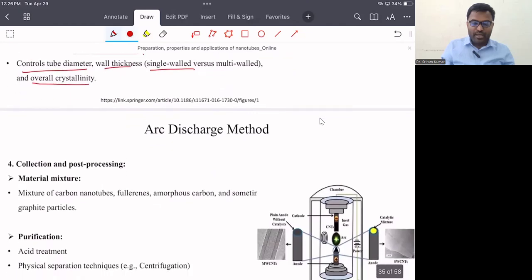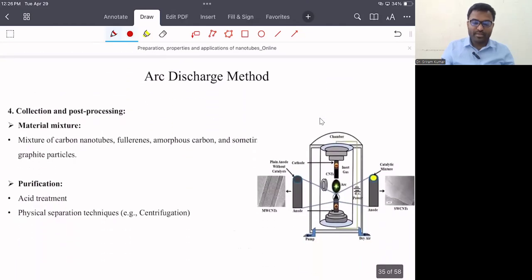And at the fourth step, once we have the carbon nanotube at the cathode, we can collect that material from the cathode. But the problem is that the material is not 100% CNT.